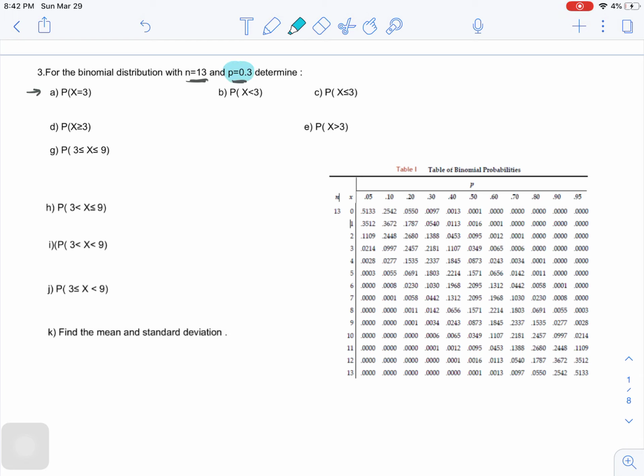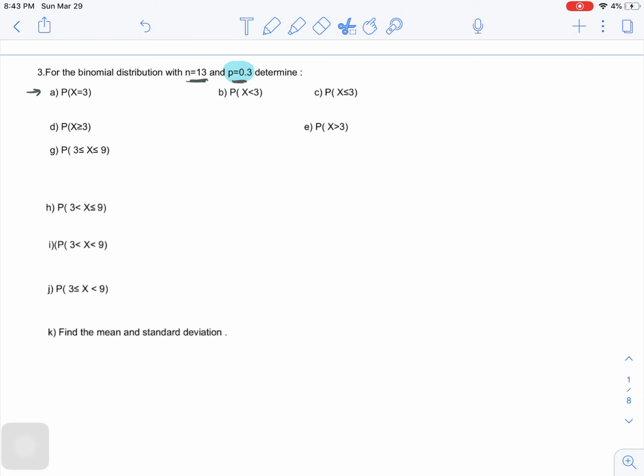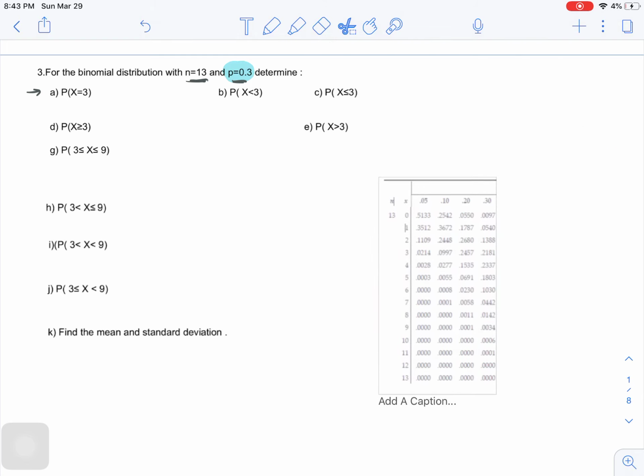Next, we're given that p equals 0.3, so we need to just focus on this column here. So I'm actually going to cut my table so that it only goes up to 0.3. This way, it reduces the chance that I'll make mistakes.